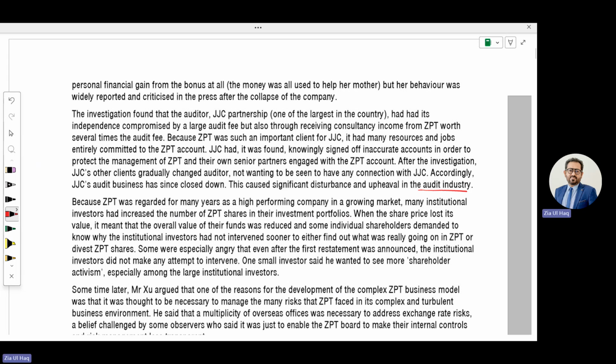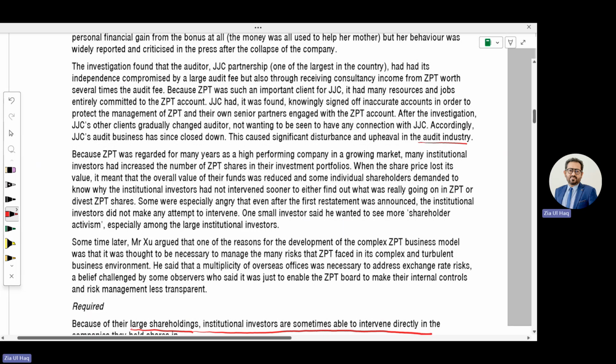Because ZPT was regarded for many years as a high-performing company in a growing market, many institutional investors had increased the number of ZPT shares in their investment portfolio. There were so many institutional investors who had bought company shares to get high returns.